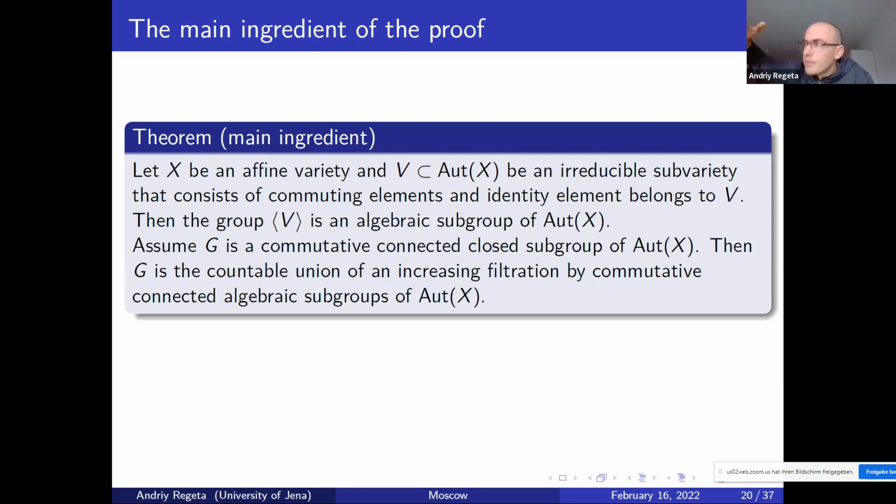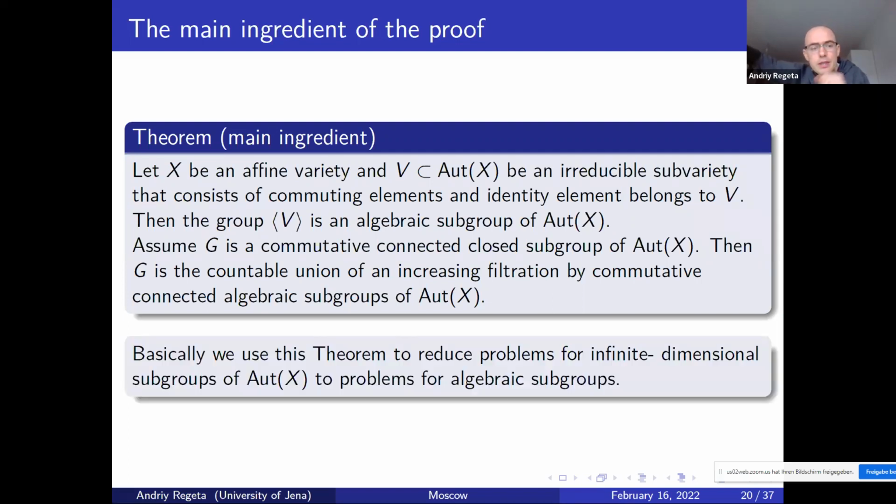Then you can take a connected component of it. The connected component has countable index, so it is again a non-trivial subgroup. And then by this main ingredient theorem, this connected component is actually a union of algebraic subgroups. So we use this theorem to reduce problems for infinite dimensional subgroups of Aut X to problems for algebraic subgroups.